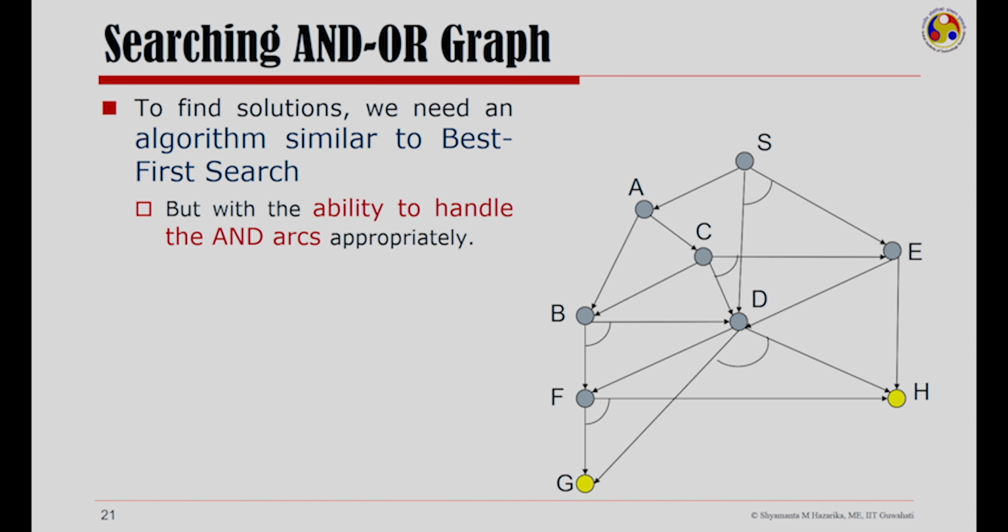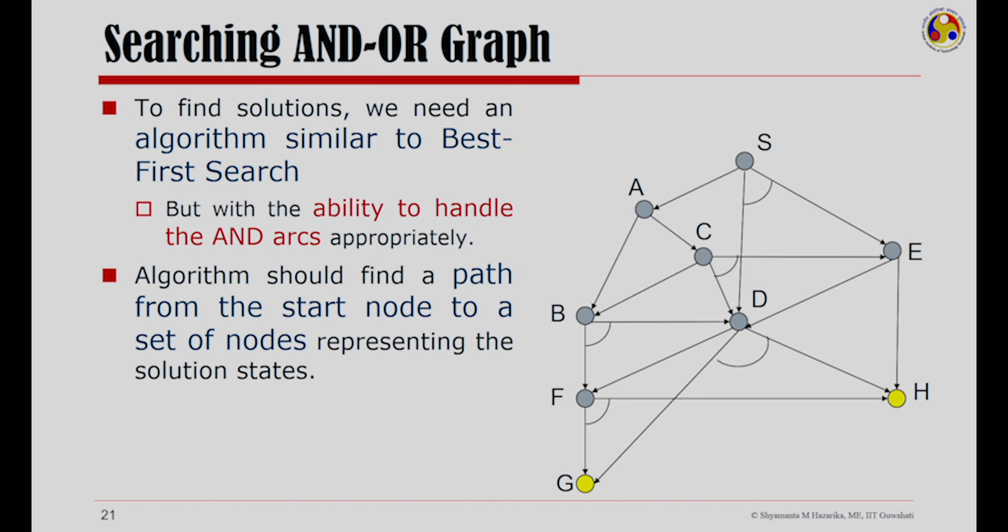This is because of its inability to handle the AND arcs appropriately. So, we are looking for some algorithm which does something like the best first search, but should be able to handle the AND arcs appropriately. This is what we will try to understand in this part of the lecture.